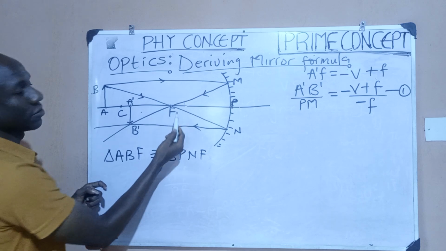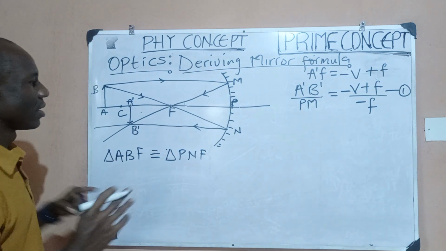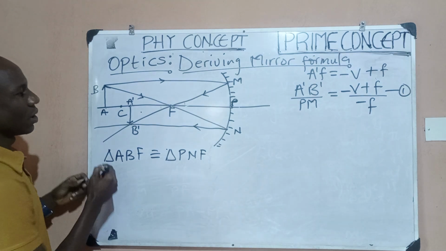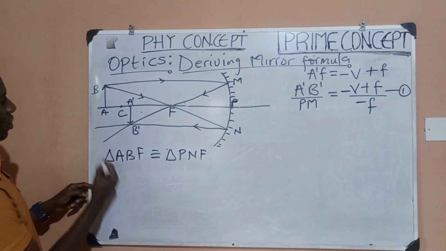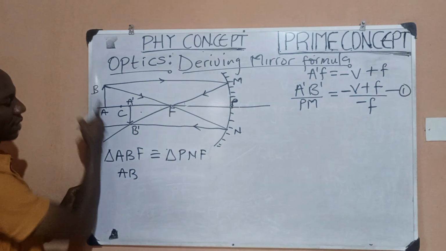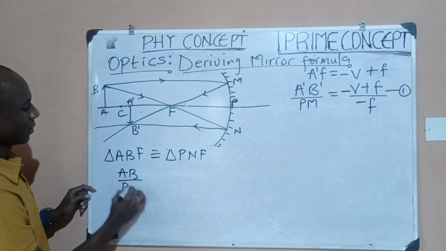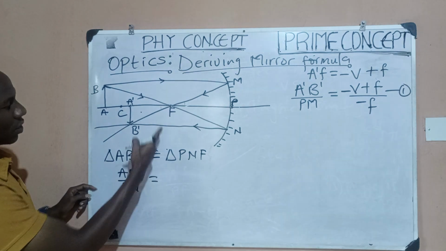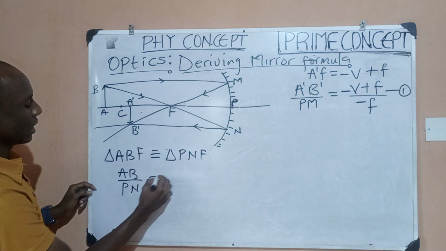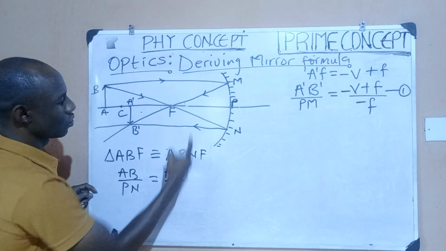You can see these angles are vertically opposite, so they'll be equal. So these two triangles are similar. As such, we can do the same comparison, right? So we're going to have AB, that is the height, this height ratio, this height PN should give us what now? We're going to compare the length AF to what now?